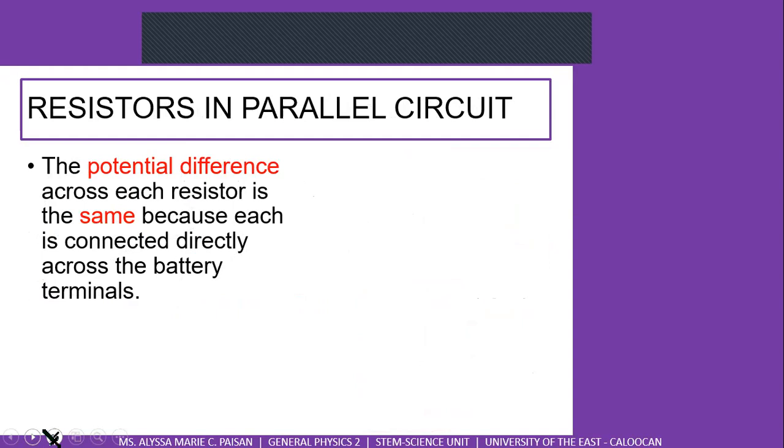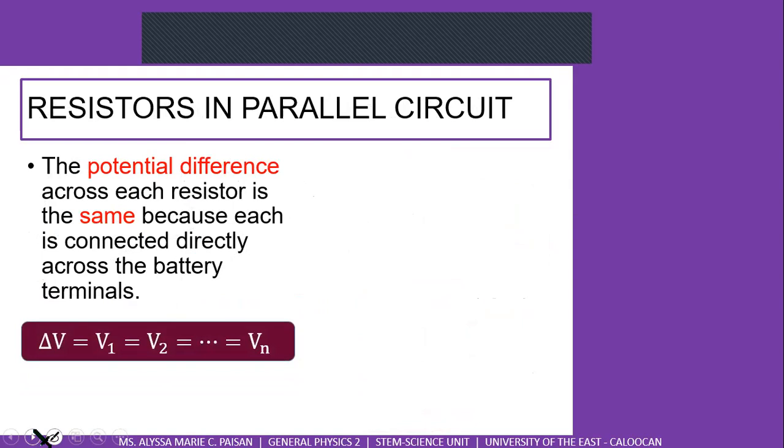So, kung sa series ang nag-i-equal ay current, dito katulad lang din sa capacitors, yung voltage yung nag-i-equal. So, the total voltage of resistors connected in parallel circuit would be equal to the voltages across each resistor. Ayan.